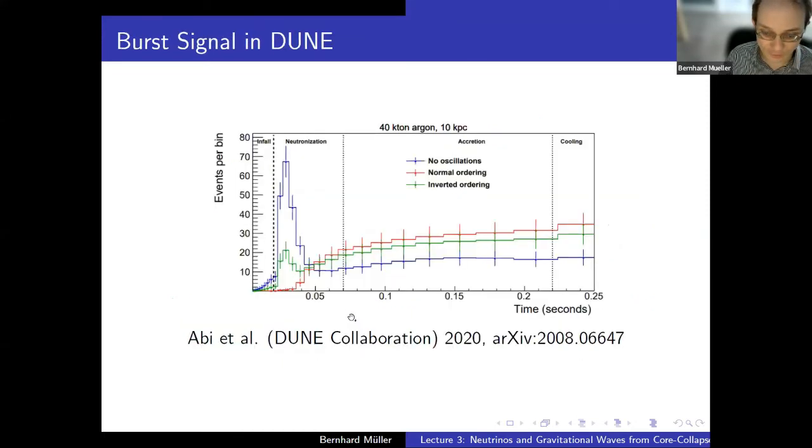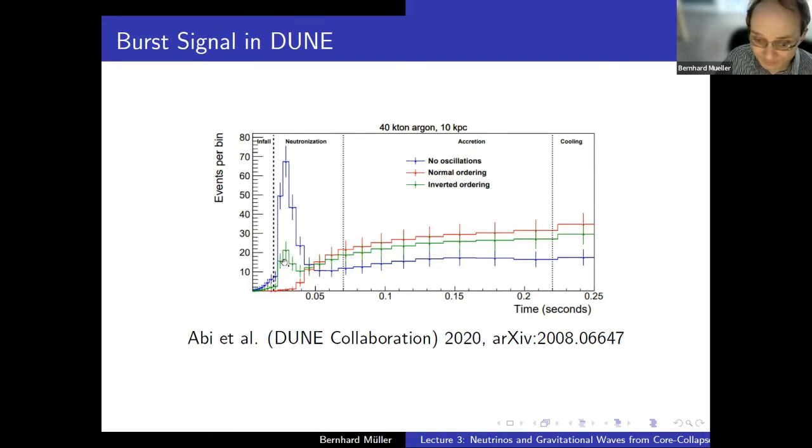Before we move on, let's have a look at what the burst would look like in DUNE, which can detect electron neutrinos. You see here a binned signal where the temporal structure of the burst can actually be resolved. And you also see that it makes quite a difference that we have MSW flavor conversion, because if you took the raw signal with no oscillations, the burst would actually be a huge signal in the detector.